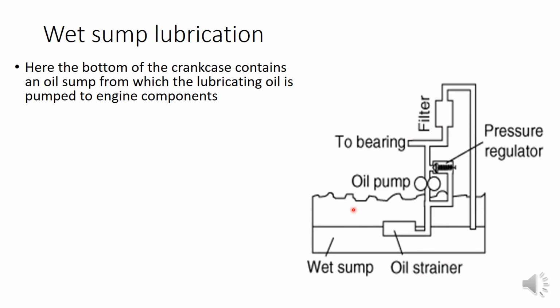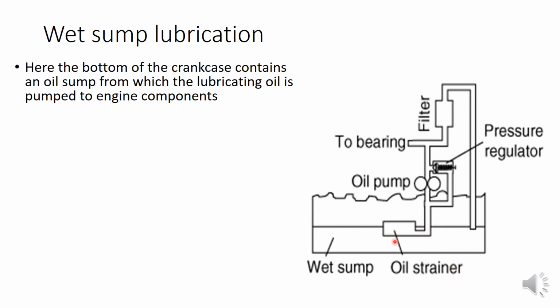So this is a representative figure of that. This is our crankcase. In this figure, no other components are shown, only the lubrication system. Piston, connecting rod, etc. are omitted. This crankcase is known as the wet sump. Oil will be collected here. After filtering the oil, because particles will be there, we have an oil strainer.